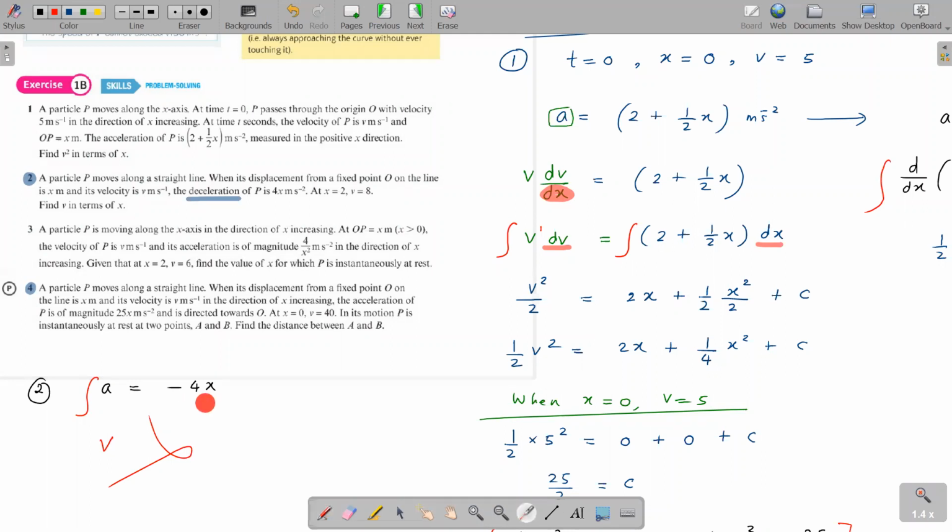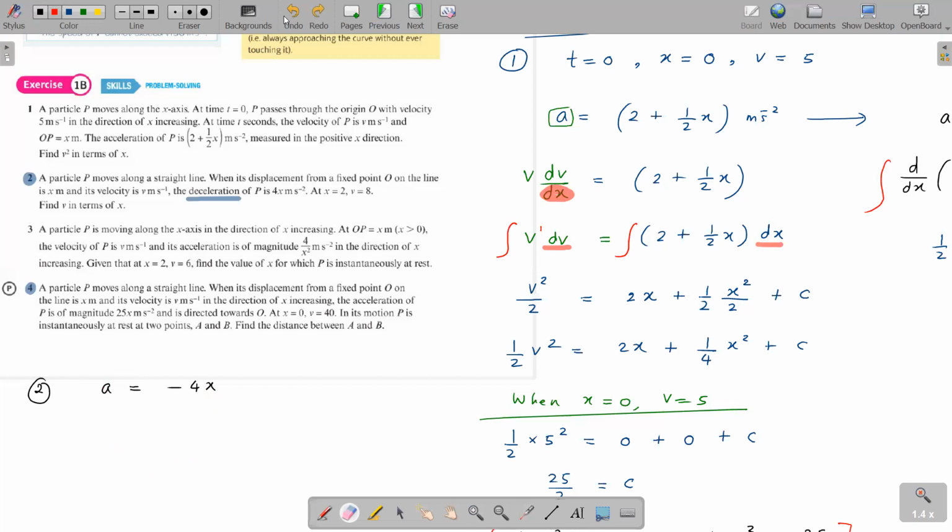Please do not integrate acceleration directly and just write that the integration of acceleration is velocity when your acceleration is with respect to displacement. This is completely wrong, so you need to stop doing that. This is only correct if acceleration is a function of time, but not when acceleration is a function of displacement. Do not do that.